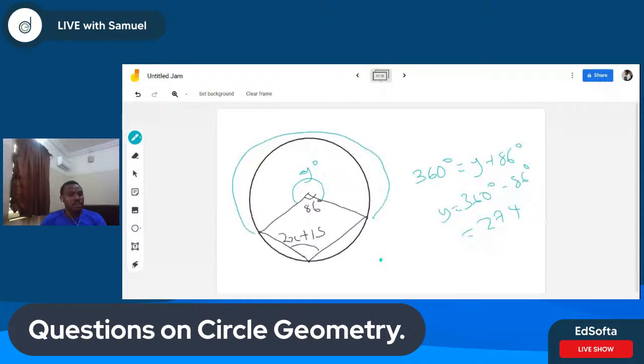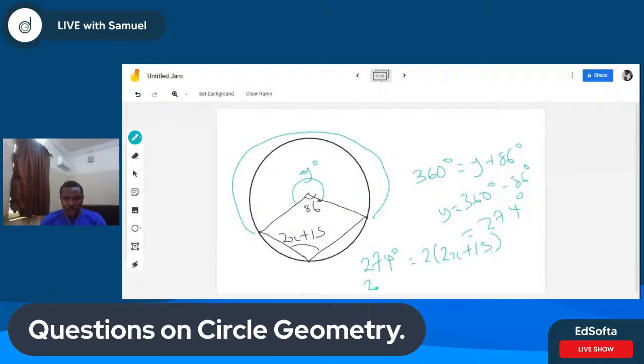From the theorem given, we know that this angle is going to be twice this angle, because the angle that is subtended at the center is twice the angle that is subtended at the circumference. Since we found y to be 274 degrees, 274 is equal to 2 times (2x plus 15).